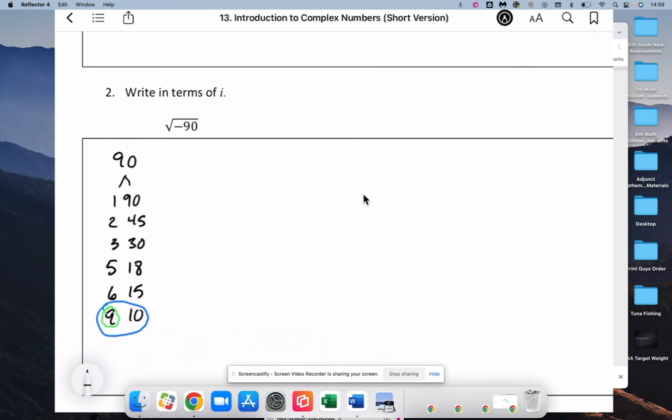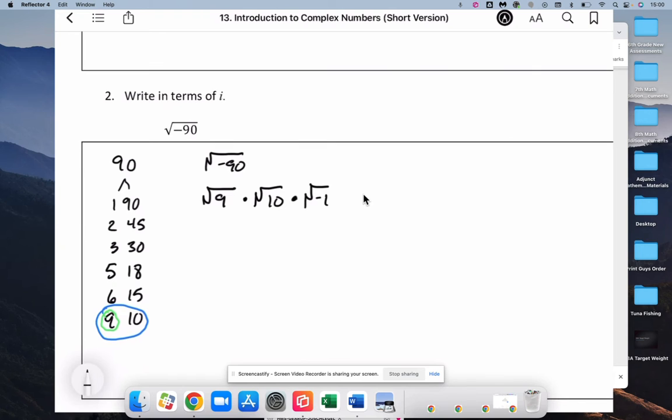And don't forget that we need to add a square root of negative 1 to that as well, which is going to turn into I. So square root of negative 90, if I break that into its factors, I will have the square root of 9. I like to put my perfect square first. Times the square root of 10 times the square root of negative 1.